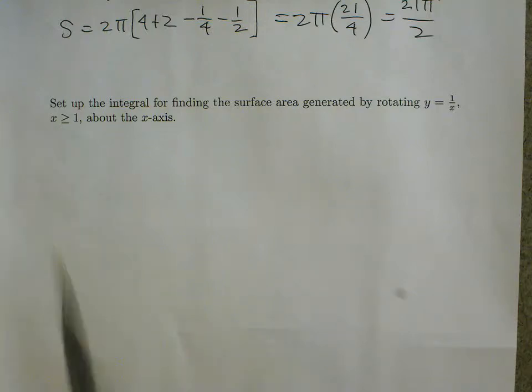In other words, what's the interval of integration going to be? 1 to infinity, yeah. So this is going to involve an improper integral. The limits will be from 1 to infinity when we set up the integral for surface area.